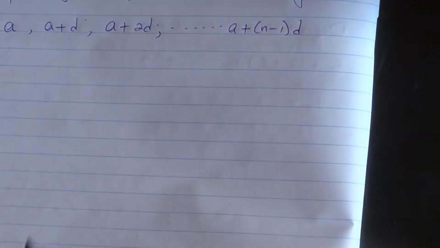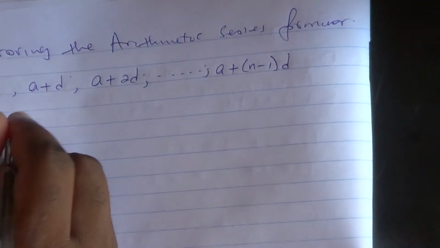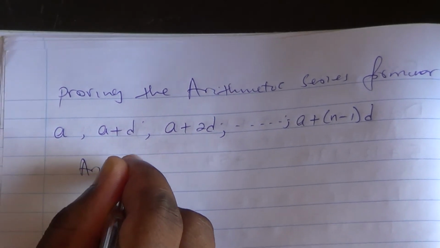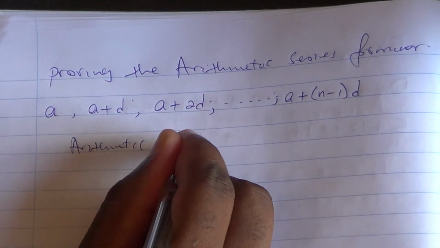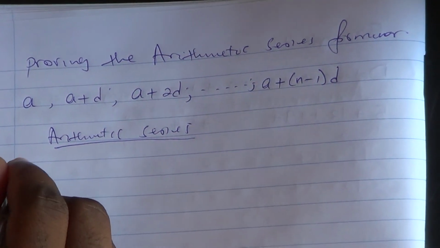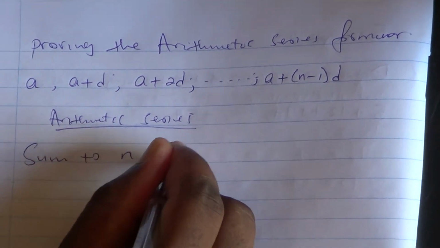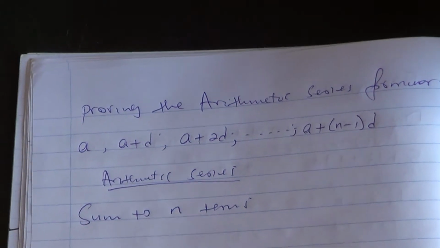Remember, I told you about the last term. That's the last term. Now, we are talking about arithmetic series. When we are looking at arithmetic series, we are going to prove the sum to n terms.